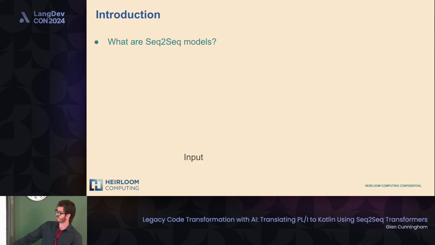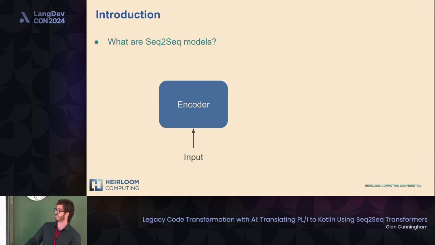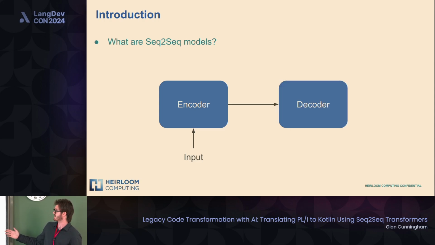You have an input sequence, which is given to an encoder. This encoder processes it and generates a contextual representation of our data. It's then passed to a decoder, which uses this contextual data to generate our output sequence.